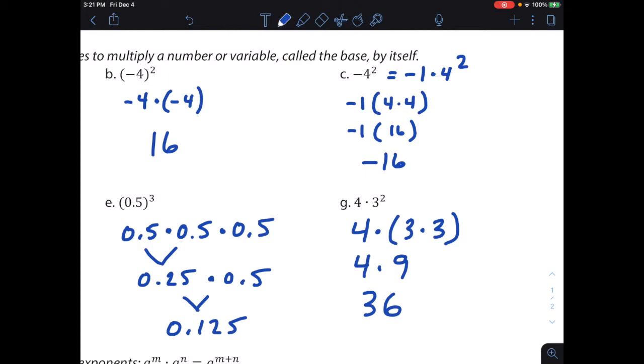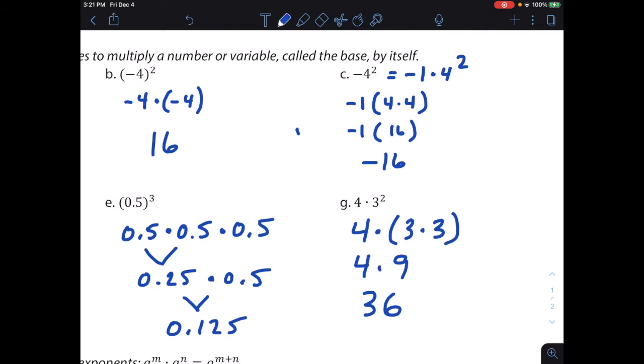We're going to run into a lot of situations where we have powers on variables with a coefficient in front of them, and the power only applies to whatever it's on and not the coefficient that's in front of a variable, unless there's parentheses. Okay, so just that idea of parentheses is super important.